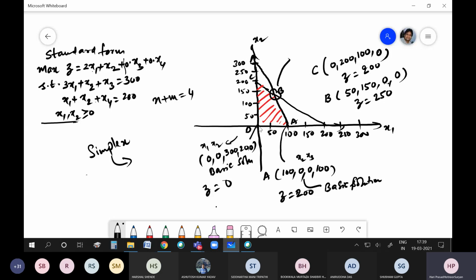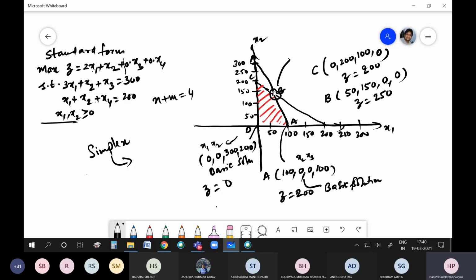Here we could have moved, let us say we start from here, the origin. Here I can reach this corner either by moving like this or moving like this. Because the number of constraints is 2 and the number of variables is 2, whether you move like this or like this, you require only 2 iterations.